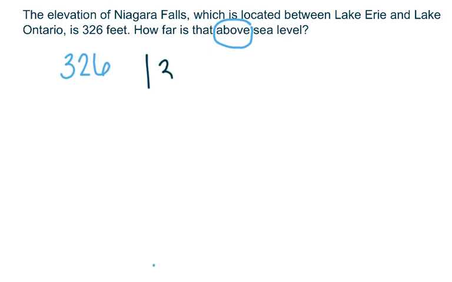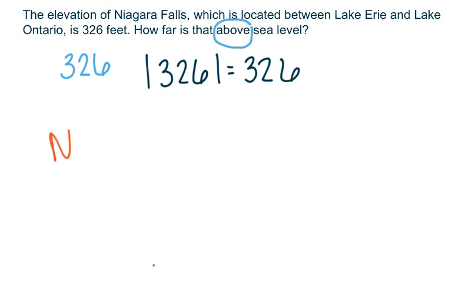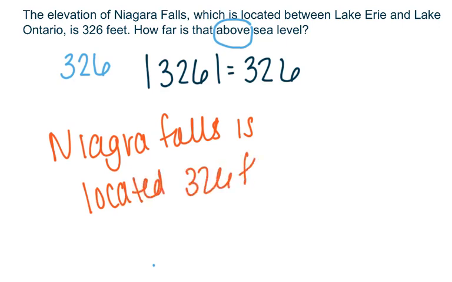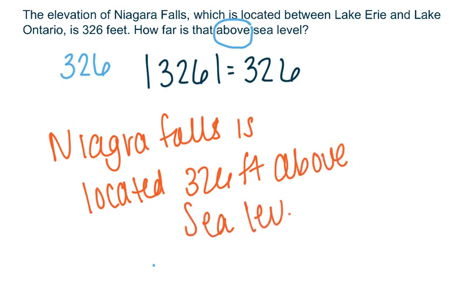We are going to find the absolute value of 326, which is equal to 326. So Niagara Falls is located 326 feet above sea level.